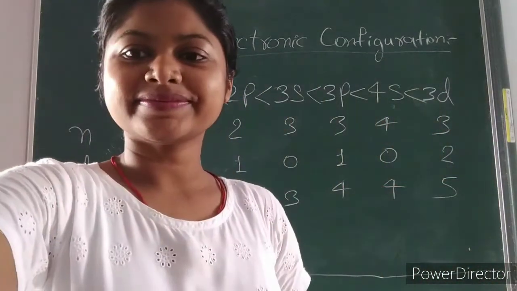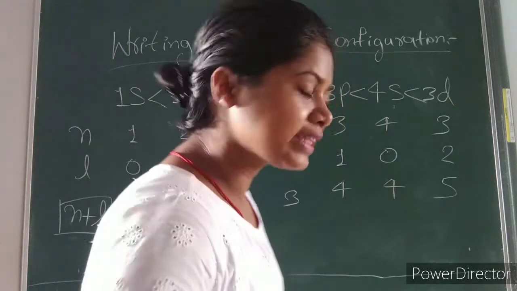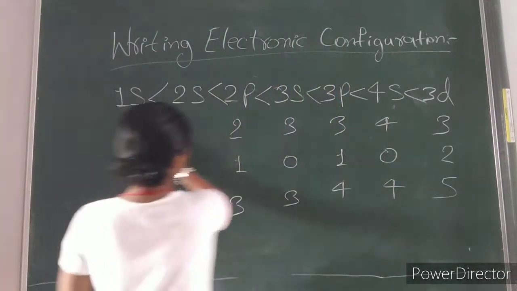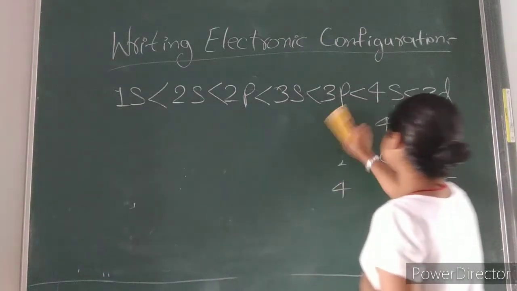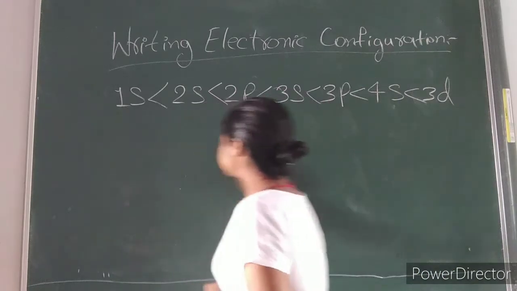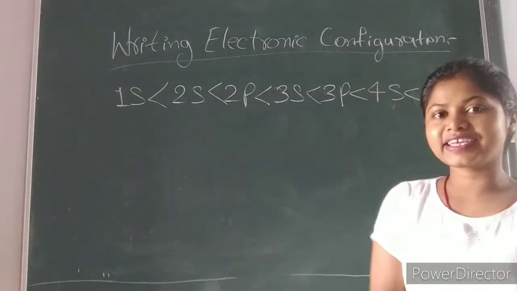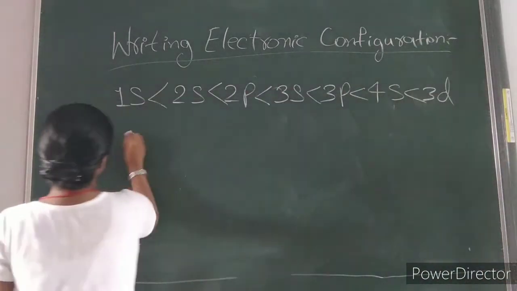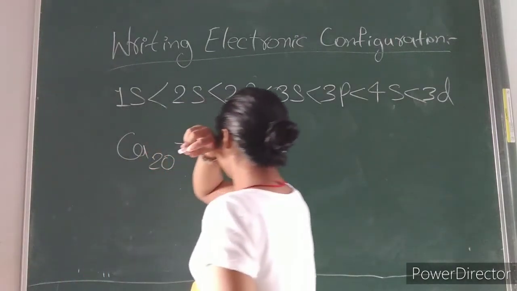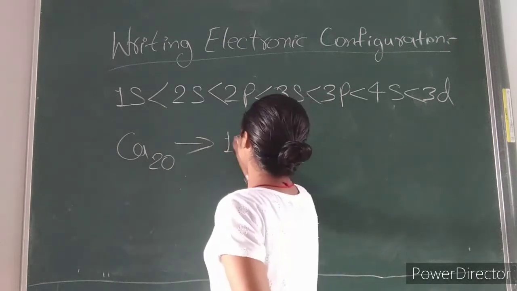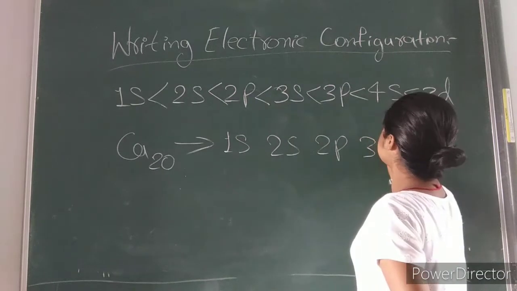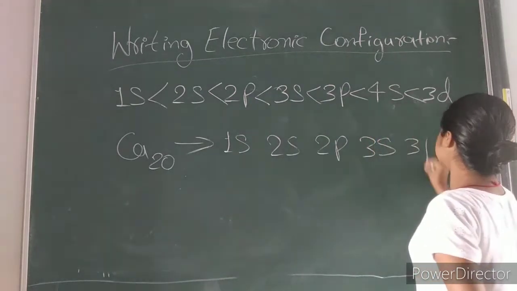Now, knowing this, let's write the electronic configuration. We fill the lower energy suborbits first, then the later ones. Take the example of calcium with atomic number 20. First it will be 1s, 2s, 2p, 3s, 3p.